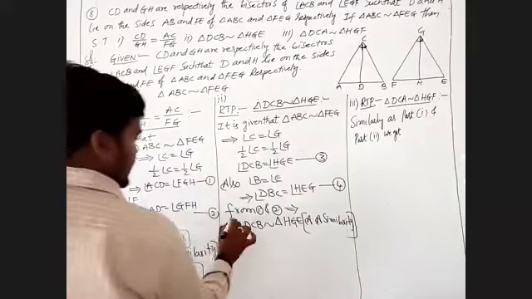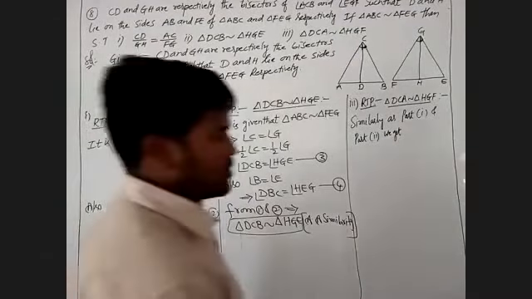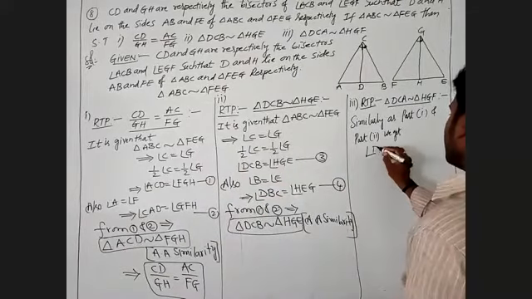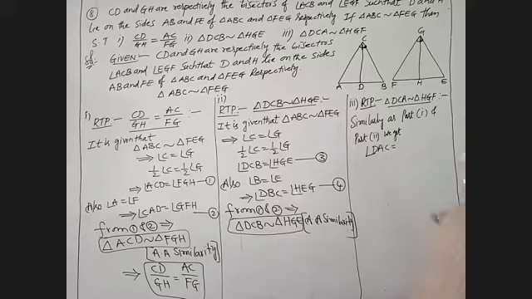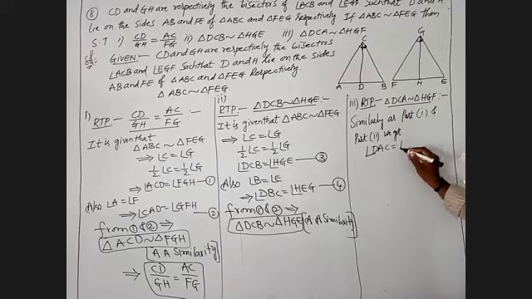What do we have to write in part 2? Triangle DCB is similar to triangle FGB, and triangle DAC is nothing but triangle HFG. This is my equation number 1.